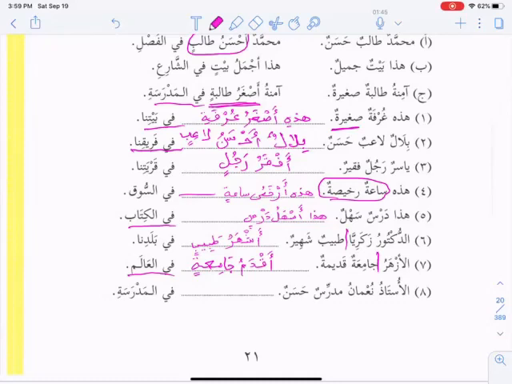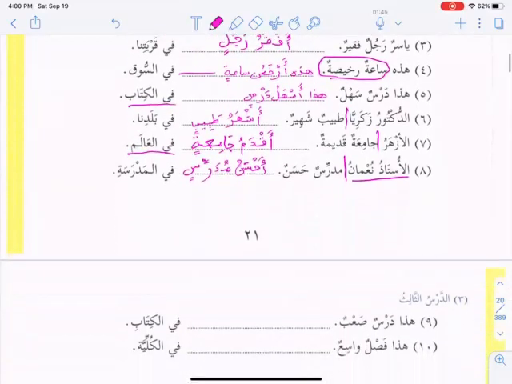You will say Al-Ustadhu Nu'manu أحسن مدرس في المدرسة, is the best teacher in this.